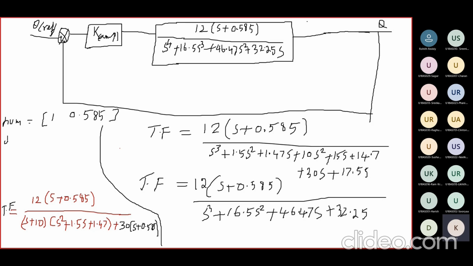Then your denominator having transfer function, the s power 4 coefficient is 1, then s cube is 16.5, then 46.47 s square, then 32.25 s. There is no constant term, therefore the coefficient is 0.